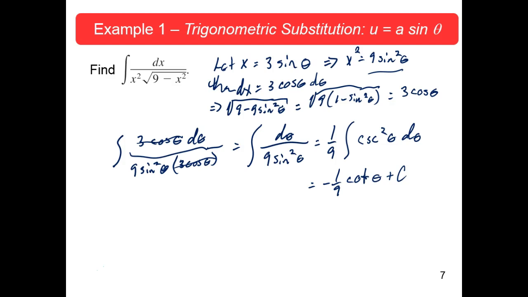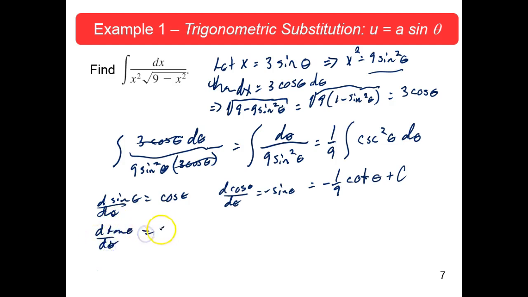You don't have your books. I was going to say look in the book and look it up. But remember your derivatives. Derivative of sine is cosine. I'm not writing the theta. Derivative of cosine is minus sine. Derivative of tangent is secant squared.